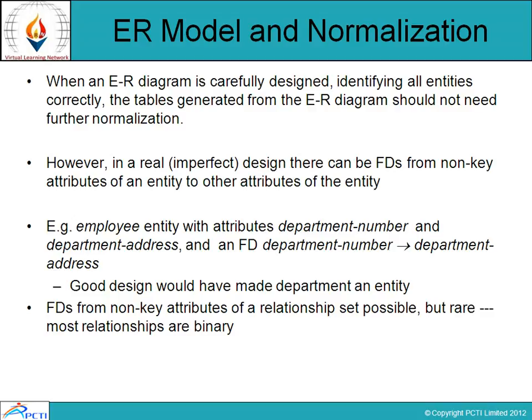The functional dependency is: department number gives the department address. So this is good; that design would be made as a department entity. So functional dependency from a non-key attribute of a relation set is possible, but rare. Most relationships are binary.